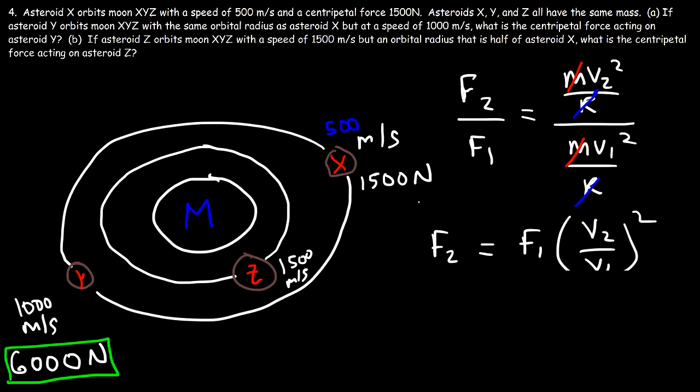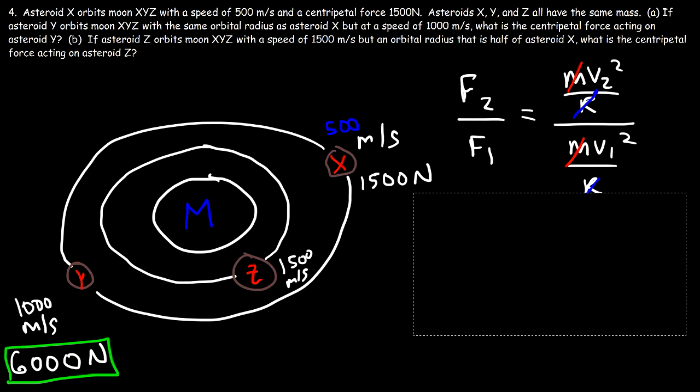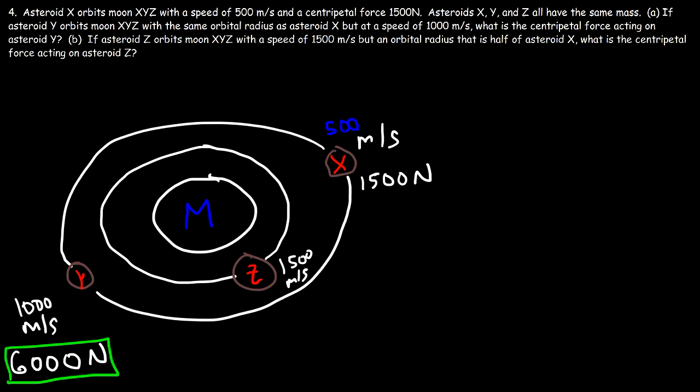Now let's move on to the next part. Part B. If asteroid Z orbits moon XYZ with a speed of 1500 meters per second, but an orbital radius that is half of asteroid X, what is the centripetal force acting on asteroid Z?